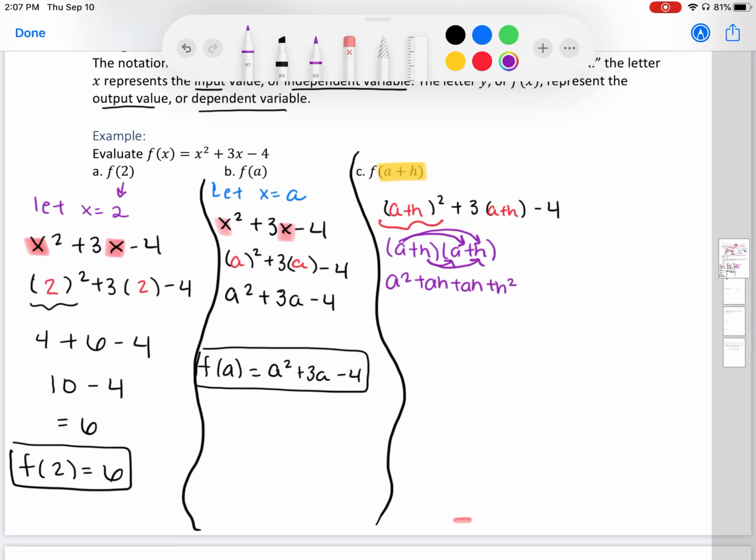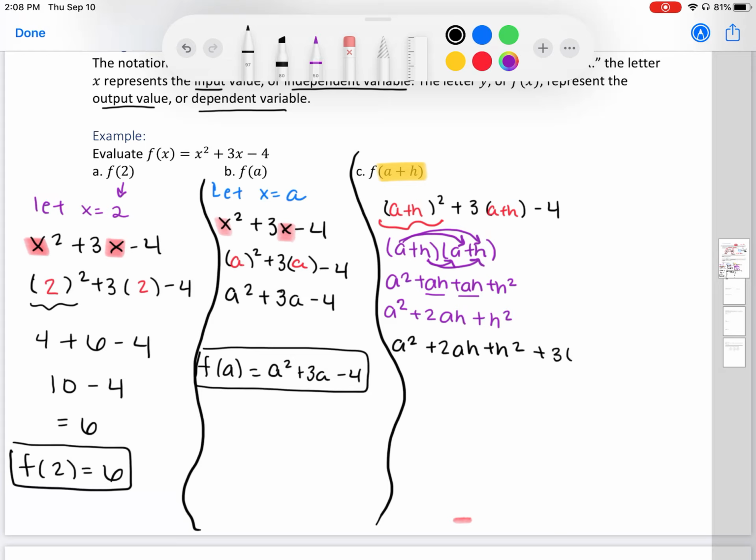Okay, let's combine like terms. We have a squared, and then we have two ah's, so that's 2ah plus h squared. So far we have a squared plus 2ah plus h squared.